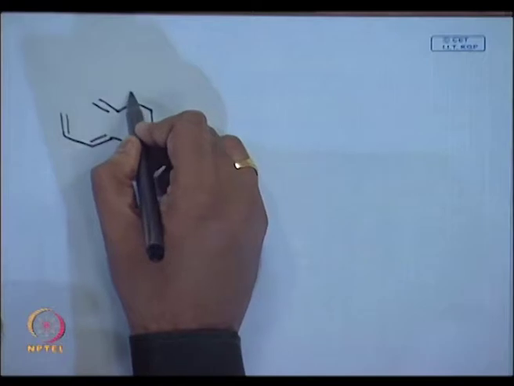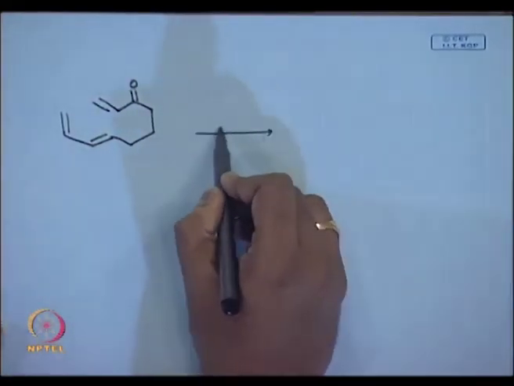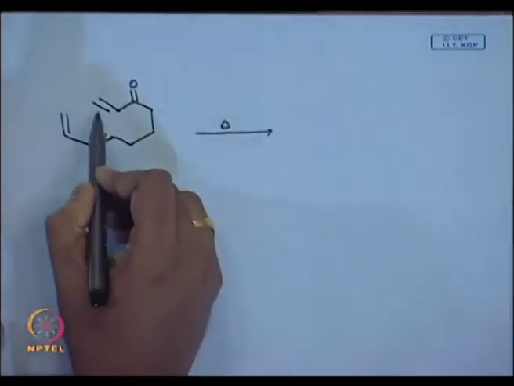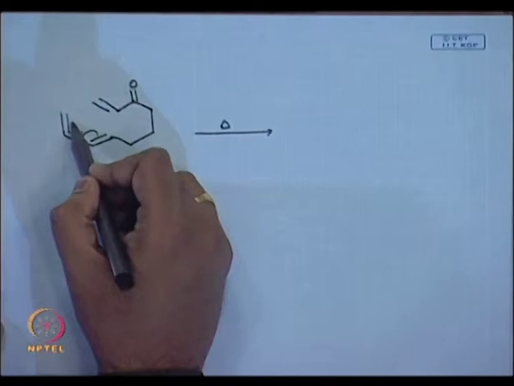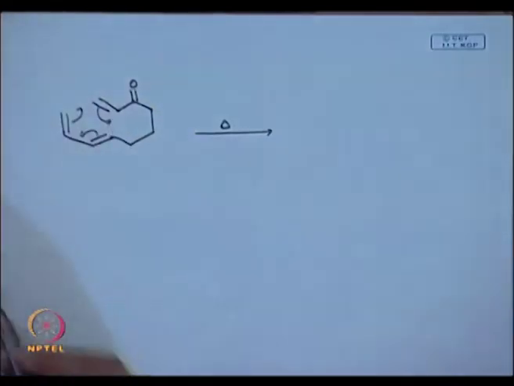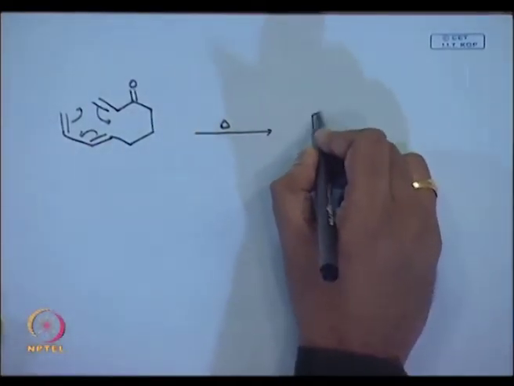Now I just have a carbonyl here. If I do this reaction, you know what product you are going to get, that is no problem. But what junction are we going to talk about here?